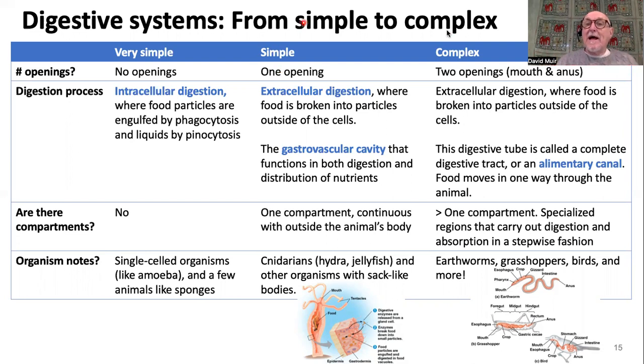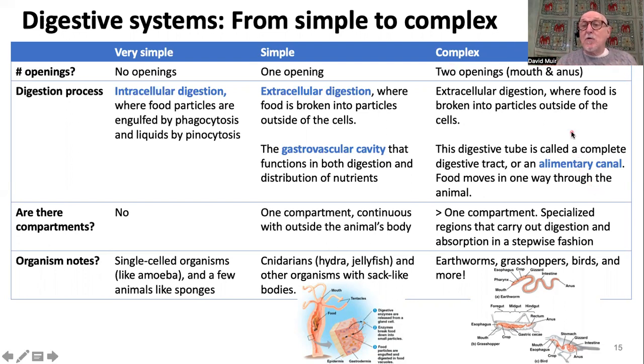But now in the higher animals, there is a complex digestive system. That means that it is complete. It has a mouth and it has an anus. It's a tube with two openings. The digestion is still extracellular throughout, but very often in these complete guts, different regions of that complete gut perform different functions and have different digestive processes that go on, and different absorptive processes as well.